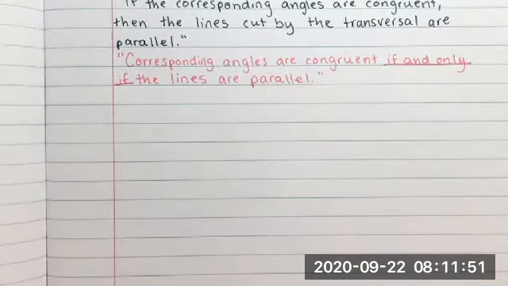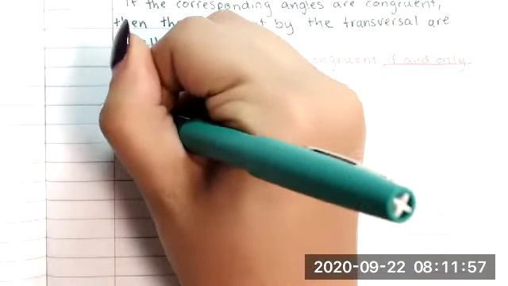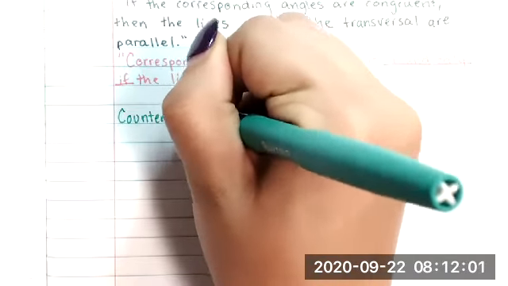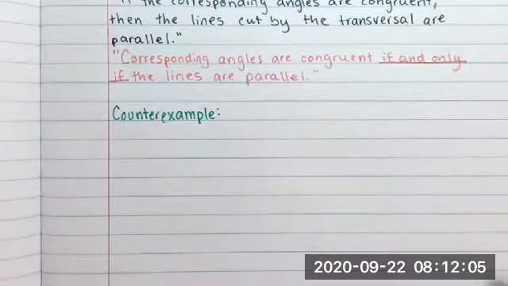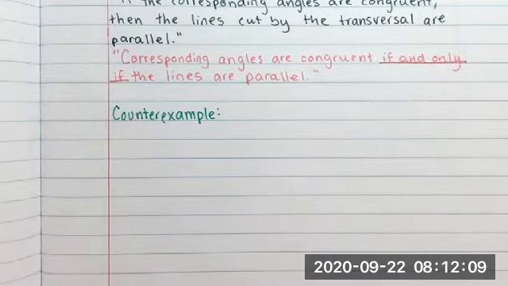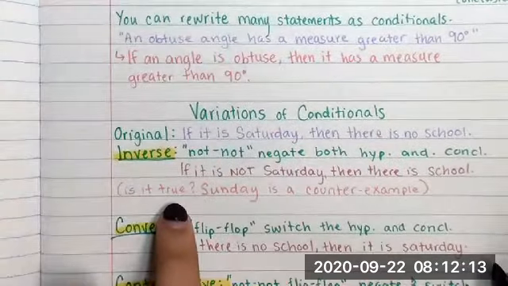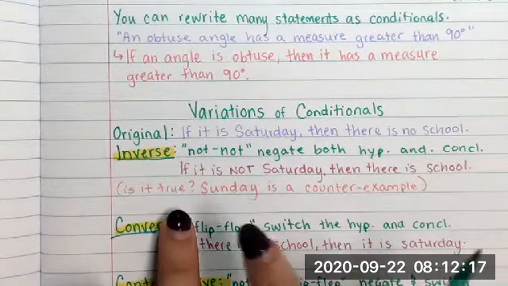So now let's talk about a counterexample. We touched on it briefly yesterday when we talked about the example where if it is not Saturday, then there is school. But what about Sunday?